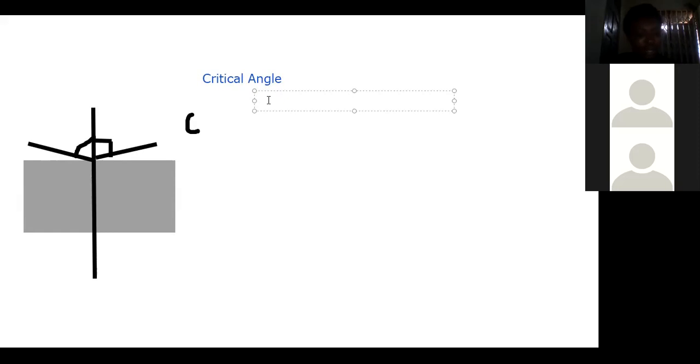We are looking at the relationship between the critical angle, which is given by C, and the refractive index.